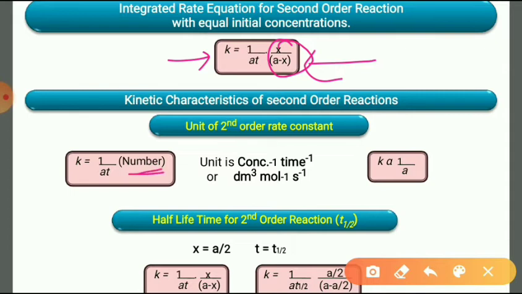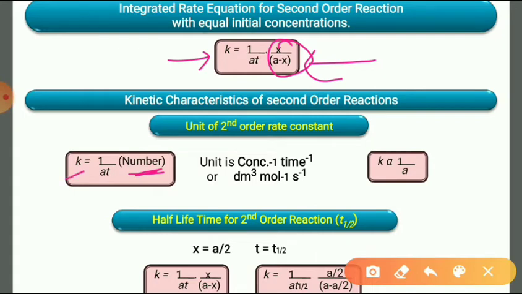So that's why we have written k equal to 1 upon at into number, because of this ratio of same parameters. Now this rate constant k depends only on a and t, that is concentration and time, which is the denominator. So per time per concentration will be the unit of k.